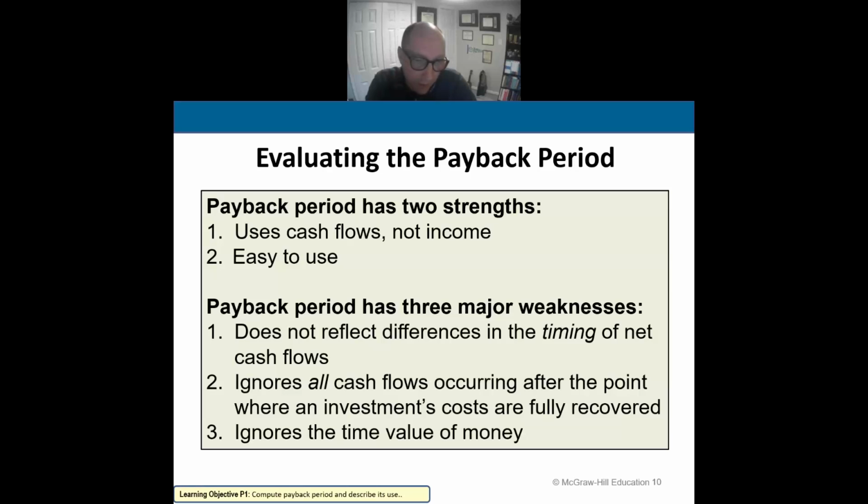It also ignores the point at which you reach break even from an exact perspective. It also ignores the time value of money. The reason time value of money is a negative here is it doesn't take into consideration interest.